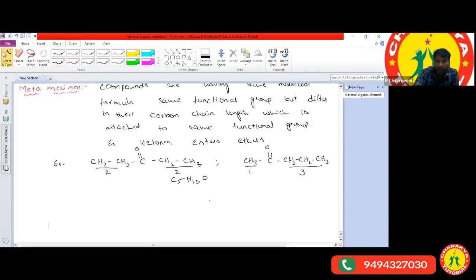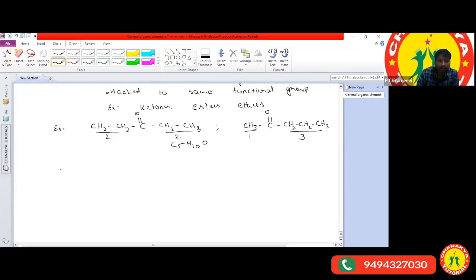I'll give one more example. Are these two examples considered metamers, positional isomers, functional isomers, or chain isomers?